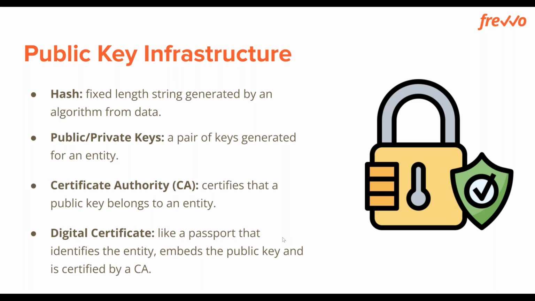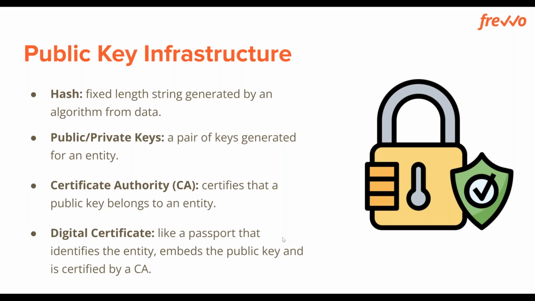Then you have public and private keys, which are a pair of keys generated for an entity. And just as their names imply, public keys are visible and available to anyone. Private keys are not shared. Then you have a certificate authority.